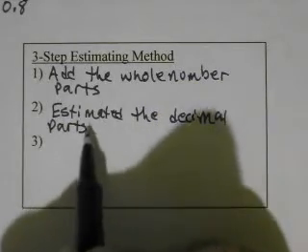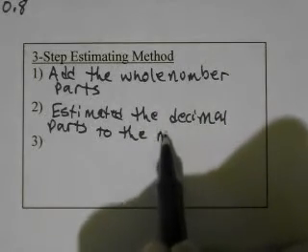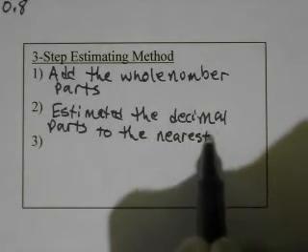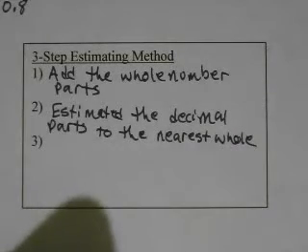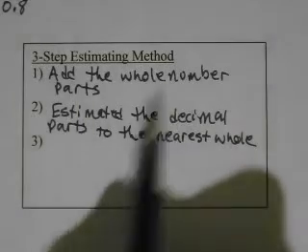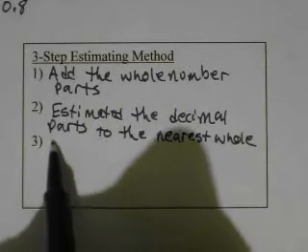I guess to say we estimated the decimal parts to the nearest whole. Then finally, we added those two parts together, the whole number part and the estimated decimal part.